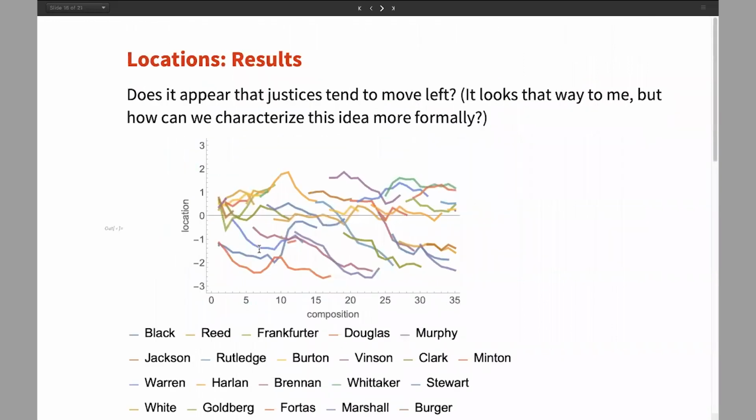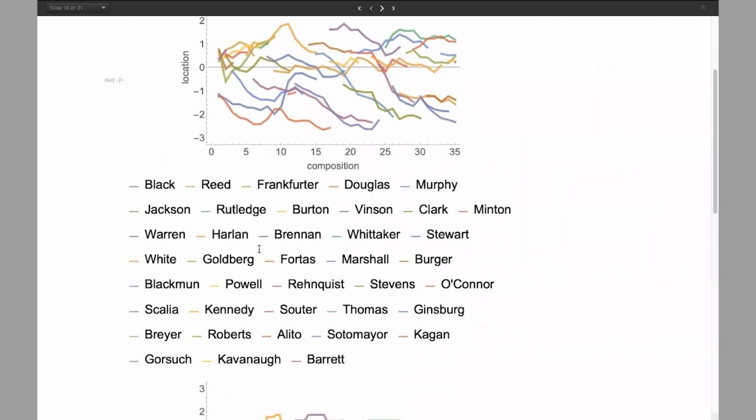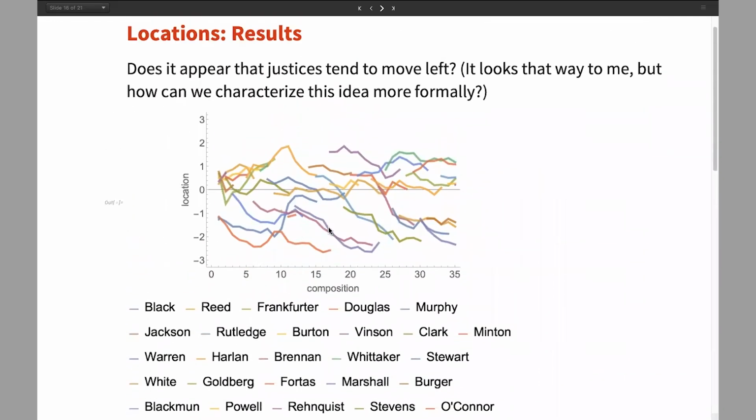All right, so here's some results. This is not easy to read, and it's not what we're going to focus on. But these are the justices, and these are the compositions, 35 of them, and these are the means of their locations over time. So Justice Douglas down here, getting more and more liberal.